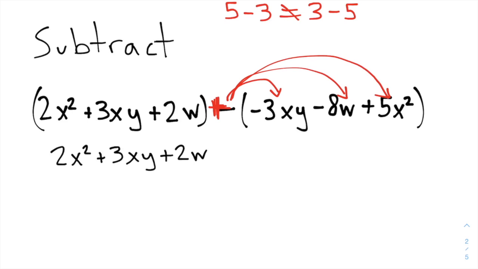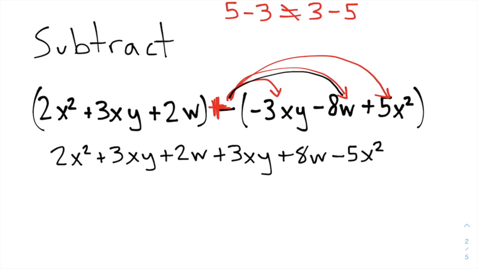Distributing the negative to a negative 3xy will make that into a positive 3xy. A negative times a negative for the second distribution is going to become a positive, so a positive 8w. And then negative times positive 5x squared will become a negative 5x squared.